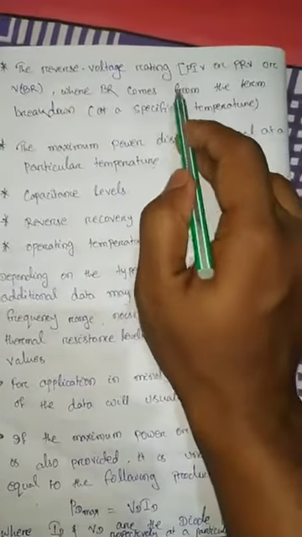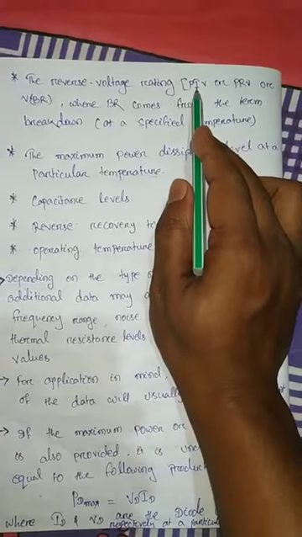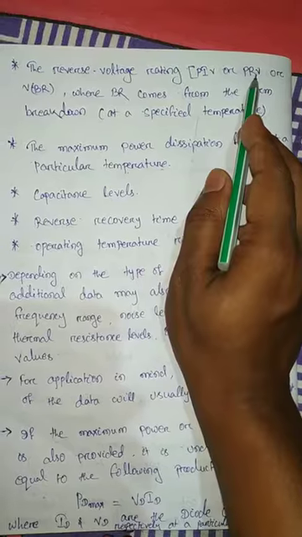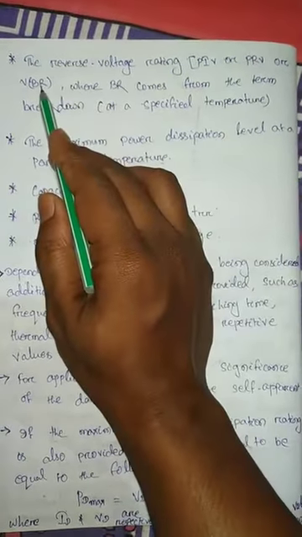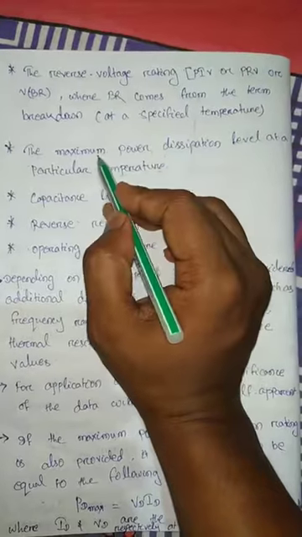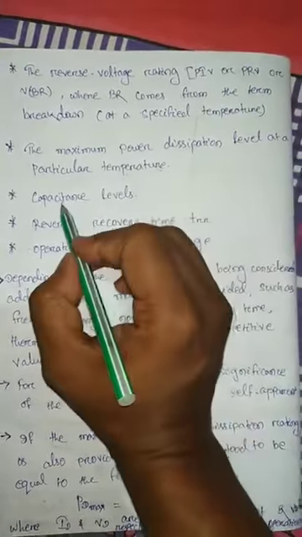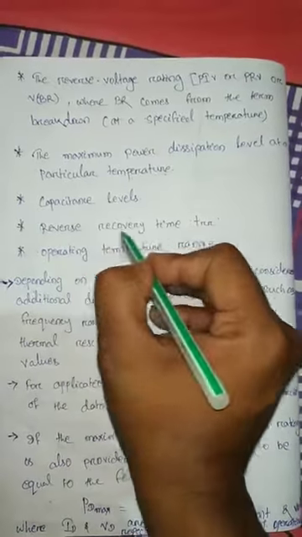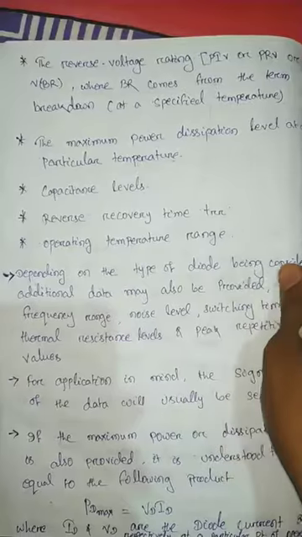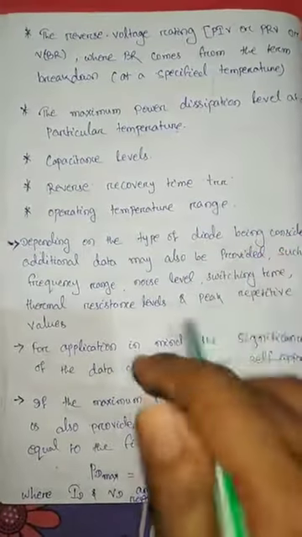Now the reverse voltage rating PIV or PRV, meaning peak inverse voltage or peak reverse voltage, or VPR breakdown voltage at specified temperature, the maximum power dissipation levels at a particular temperature, capacitance levels, reverse recovery time TRR, and operating temperature range, that is, at what temperature the diode can operate safely.